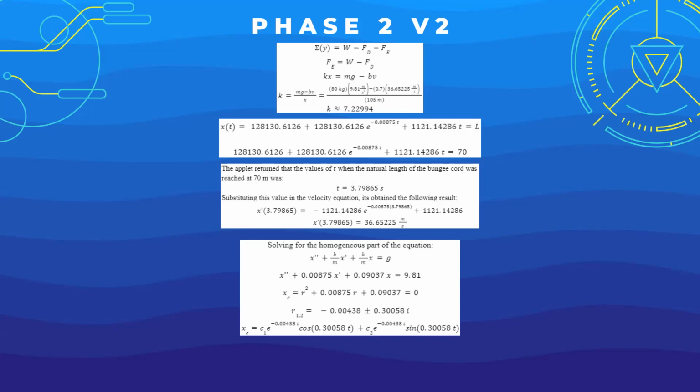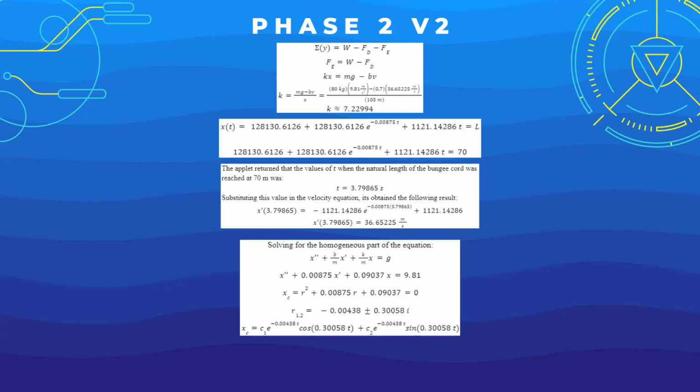And by substituting the data that we have, that is the mass, the gravity, the drag coefficient, and the velocity at that time, and dividing by x, that is the elongation of the rope or cord from when it starts in phase one until it reaches its maximum value. In this case, we considered 105 meters because we assumed that the cord elongates more or less 2.5 times its natural length.